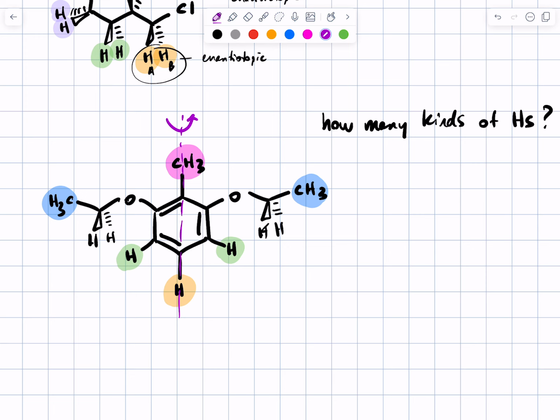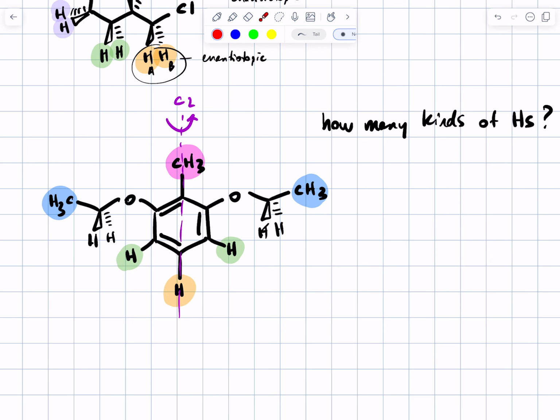It's right here. So that would mean that these 2 protons, the methyl protons, are actually homotopic. We would come to the same conclusion if we called them enantiotopic, that they're identical. But if you find the C2 axis, that means they're homotopic.